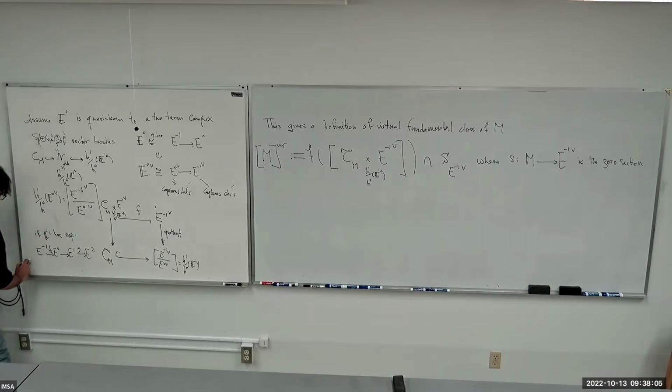So H1 over H0 of the complex is going to be the kernel of G modulo the cokernel of F.